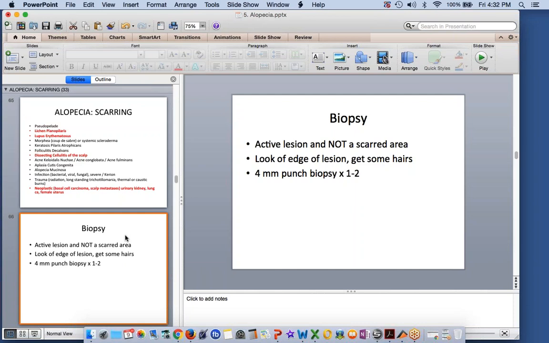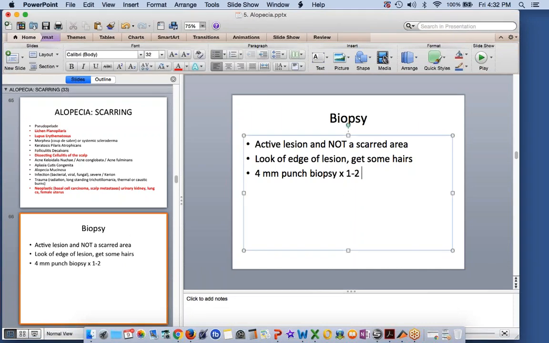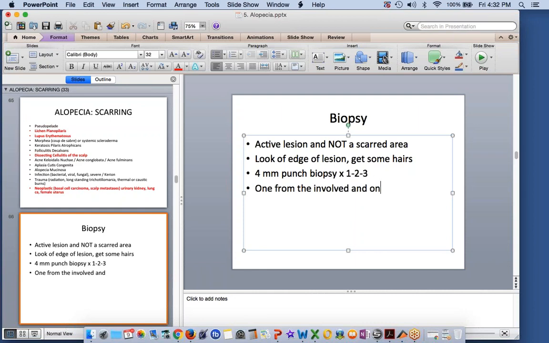So you might want to do one from the normal area, and one from the involved area, and you may want to do one for immuno. So let's say one from the involved, one from the uninvolved, and one for immuno.